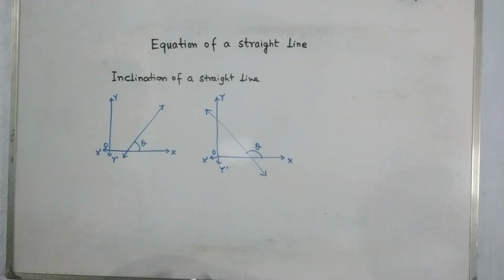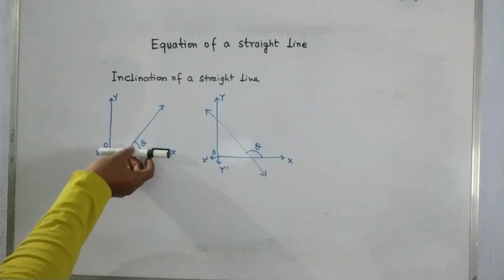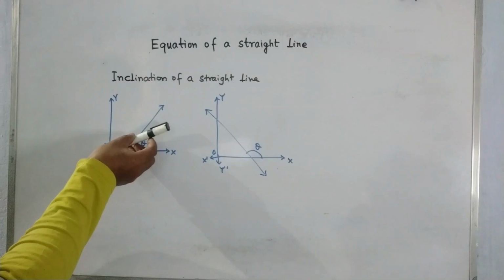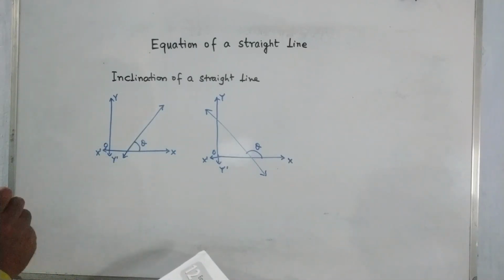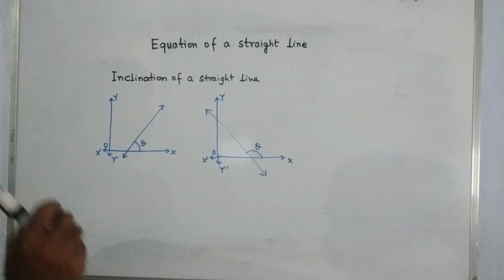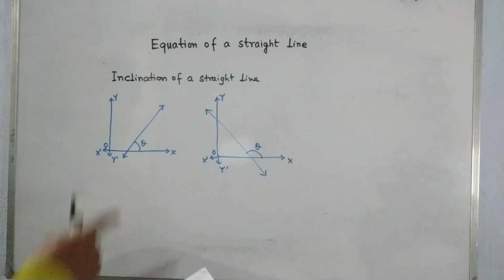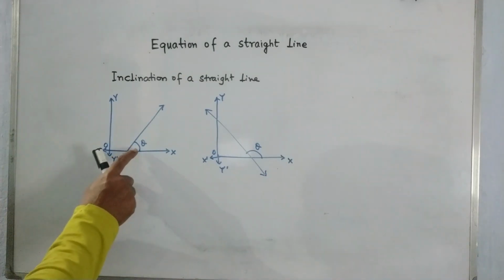Positive direction means anti-clockwise. If it is parallel to x-axis, then the angle is 0. The angle the straight line makes with the x-axis in the anti-clockwise direction is called the inclination or the angle of inclination for that line, and it is simply denoted by theta.